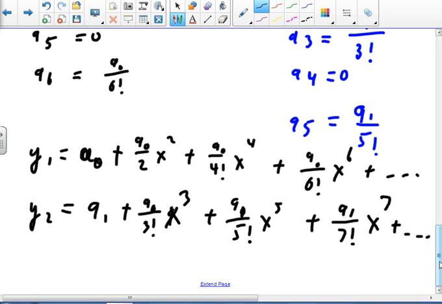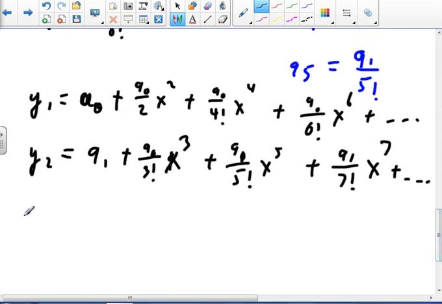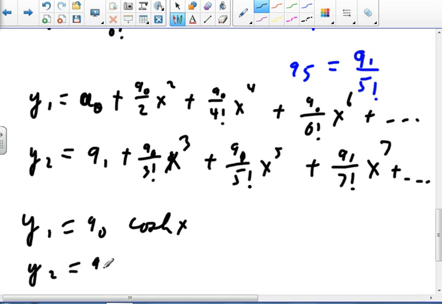Those look like cosine functions, don't they? No, they don't. Those look like hyperbolic sine, hyperbolic cosine functions. So y1 looks like a0 hyperbolic cosine x, and y2 looks like a1 hyperbolic sine x.